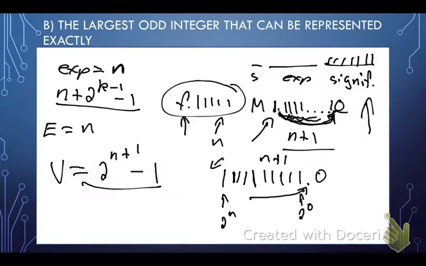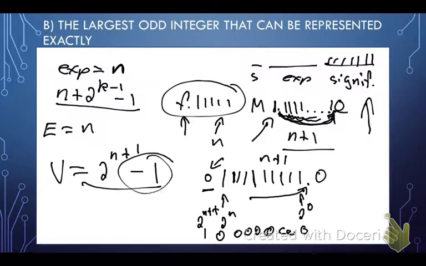So this position right here is the 2 to the n plus 1 position. And what is the difference between there being a 1 there and a bunch of zeros and there being a 0 there and a bunch of 1s? The difference is 1. If I added 1 to all of this, I would get all of this. So 2 to the n plus 1 minus 1 gives me this. All right, so that's v.